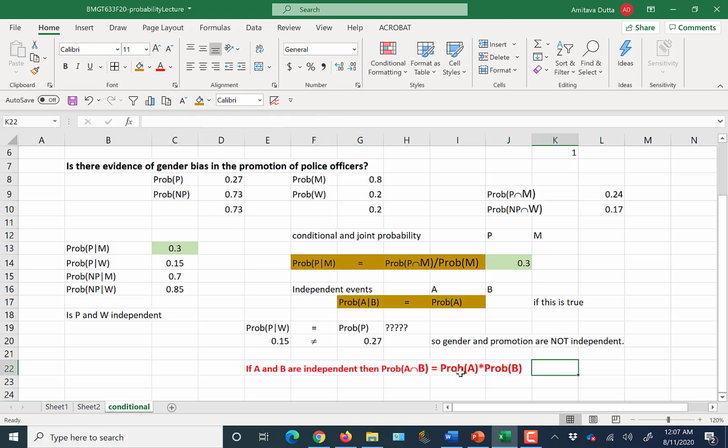Okay, so if I tell you that two events, or somehow you know because of the way the problem is set up, that two events A and B are independent, then the likelihood of those two events happening together, the probability of A and B, is equal to probability of A multiplied by the probability of B. And that follows from this definition of what constitutes independent events.